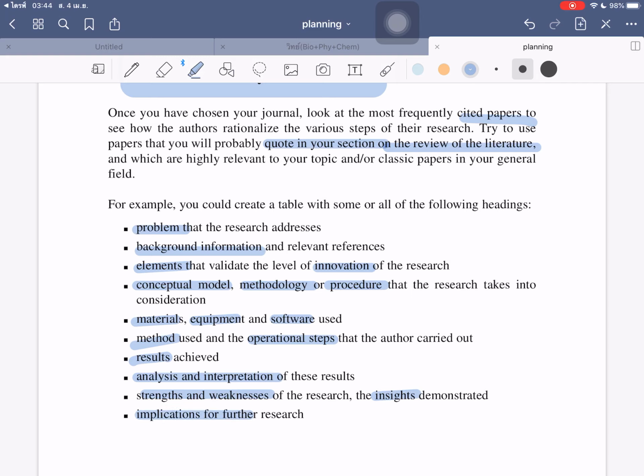So when you do a literature review, you have to think about the following.